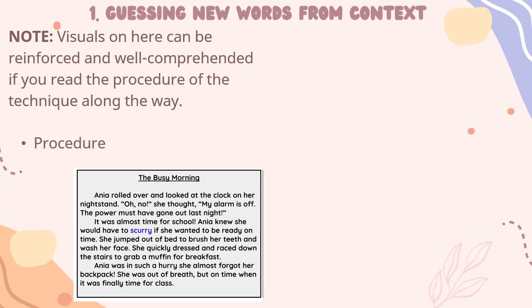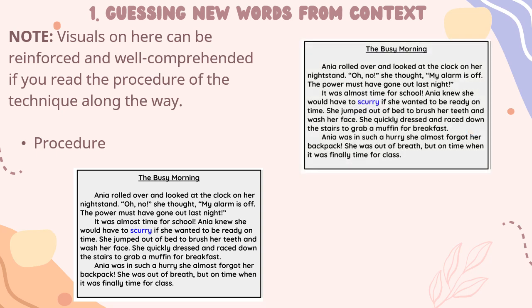The busy morning. Students may continue to read. Anya rolled over, and so on, but they haven't come across any words that hinder their understanding yet until they come across the word scurry. Now, students should then try to see if they can identify the part of speech of that word first.